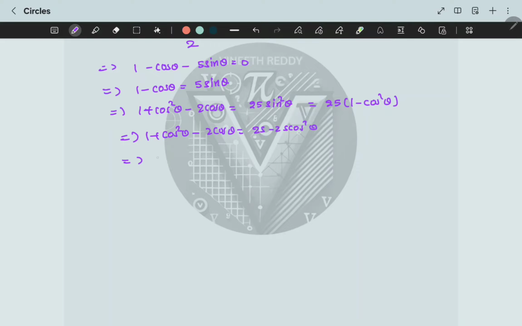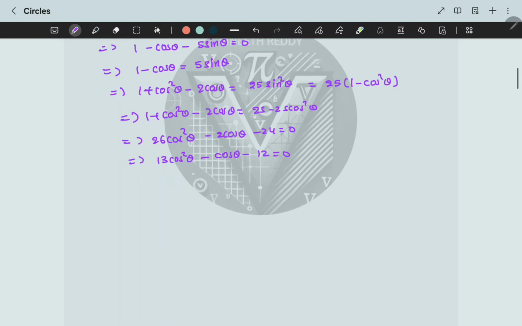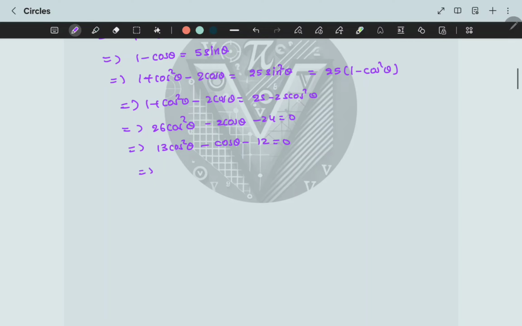So if I further simplify, I get 26 cos square theta minus 2 cos theta minus 24 is equal to 0. If I take 2 common, I get 13 cos square theta minus cos theta minus 12, right? Now we can write this as 13 cos square theta minus 13 cos theta plus 12 cos theta minus 12 equals 0.